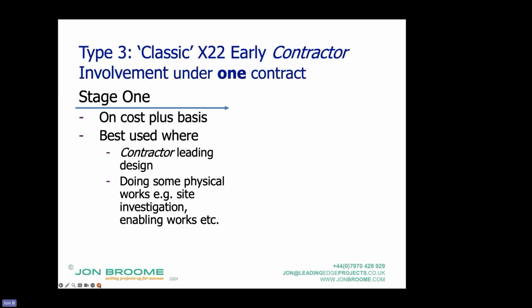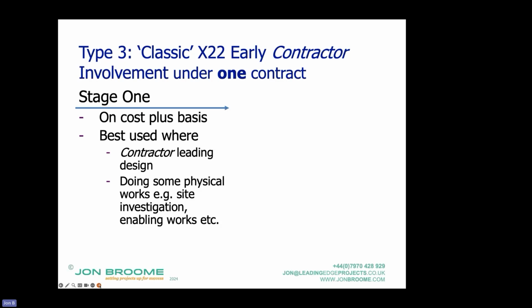Type 3 is classic ECI, and by that, it's where the secondary option X22 of the engineering construction contract is used. The X clauses are what we're going to look at in subsequent courses. And X22 is fairly late, high numbering because it was added on. It wasn't in the original contracts.